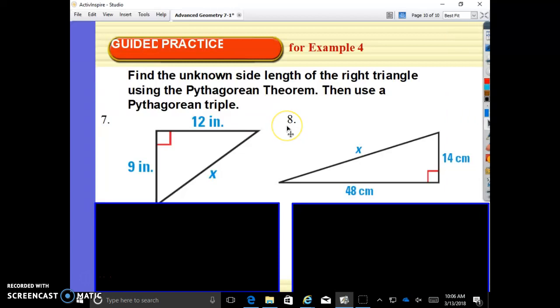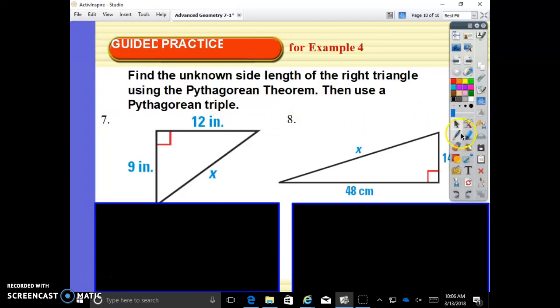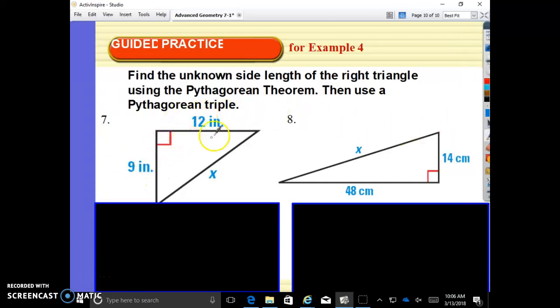Find the unknown side length of the right triangle using the Pythagorean theorem, and then use a Pythagorean triple. So Pythagorean theorem, 9 squared plus 12 squared equals what squared? 9 times 9 is 81. 12 times 12 is 144.